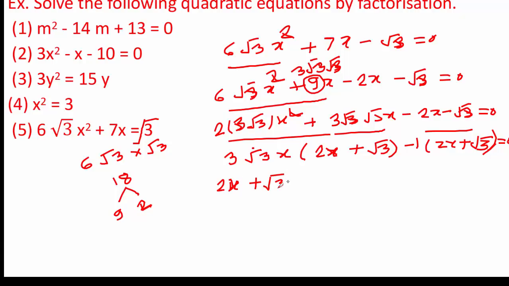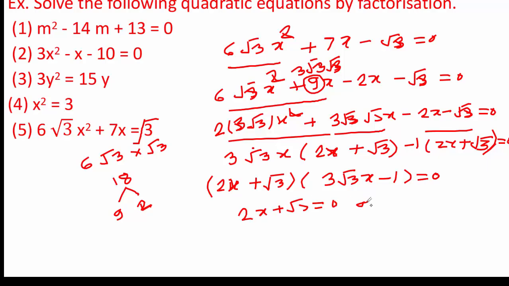This is the first bracket. In second bracket, I shall write 3 root 3x minus 1 equal to 0. 2x plus root 3 equal to 0, or 3 root 3x minus 1 equal to 0.